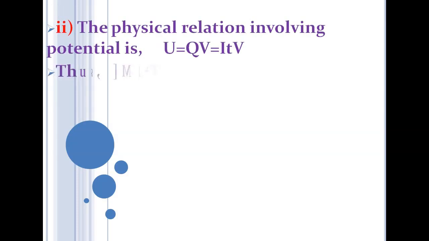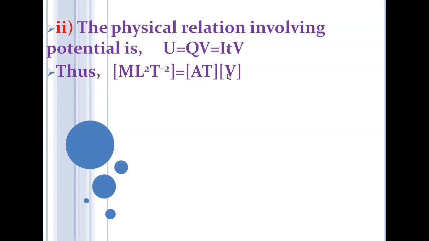Then let's go for the second part of the discussion, the physical relation involving the electric potential, which is U equals QV. Q has the dimension IT, and U is the energy. So the dimensional formula for the electric potential energy is ML^2T^-2, and obviously Q has the dimension AT, or simply IT.